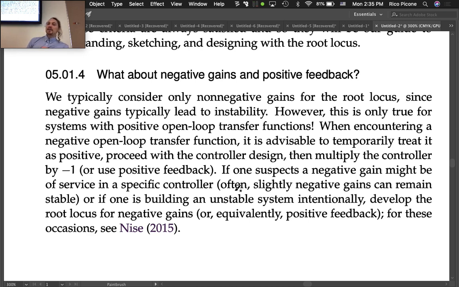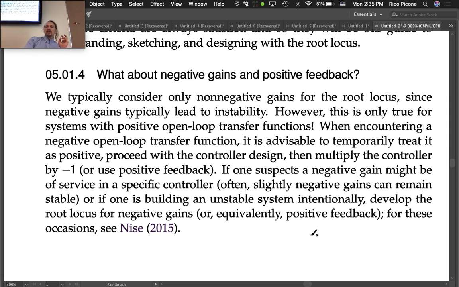But if one suspects a negative gain might be of service in a specific controller, because often slightly negative gains can remain stable, you can go to negative gains, but usually it eventually goes unstable, so we usually just lop that off. Or if one is building an unstable system intentionally, develop the root locus for negative gains, or equivalently, for positive feedback.